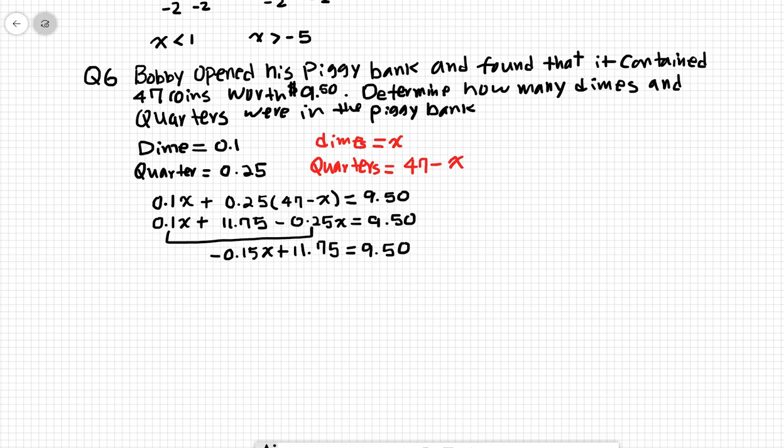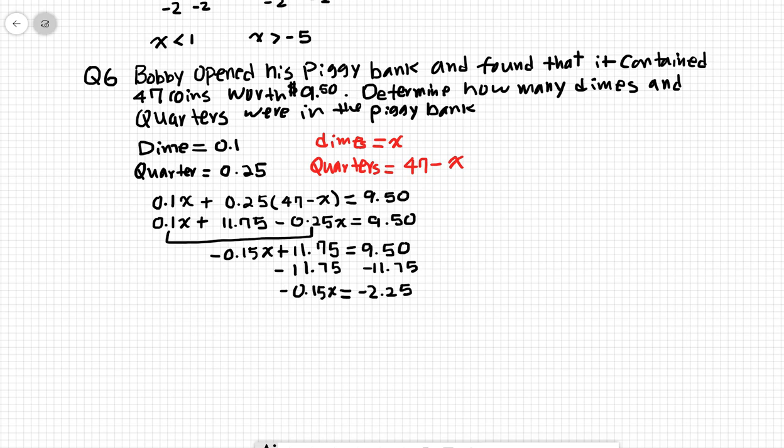So now we are going to subtract 11.75 from both sides. On the right hand side, I have minus 2.25, and then I have minus 0.15x.